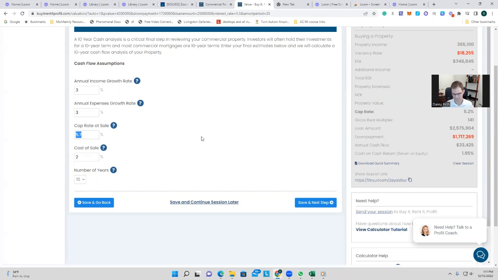So what I'm going to say is we'll just pretend that we're going to sell it at a 5 cap, which is essentially what we're buying at. And 10 years is typically a little bit longer hold than we're typically doing. Typically we're looking more like the 3 to 7 year range, just depending on the type of project. And so I'll put those in and then save in next step.